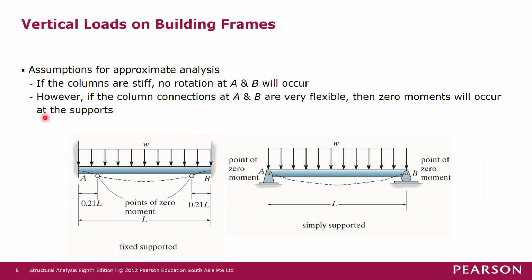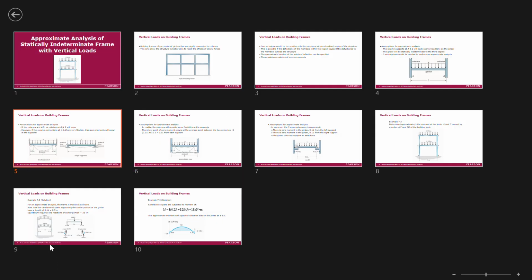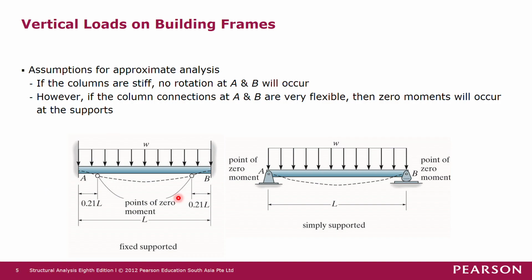The second extreme case that we may look at is that we assume the columns are very flexible. If the columns are very flexible, then the column will rotate whenever there is a load.